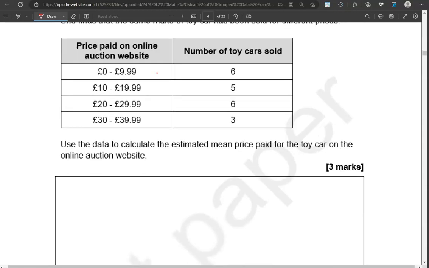So we've got between 0 and £9.99. So 0 add £9.99 divided by 2. How many 2's fit into 9?